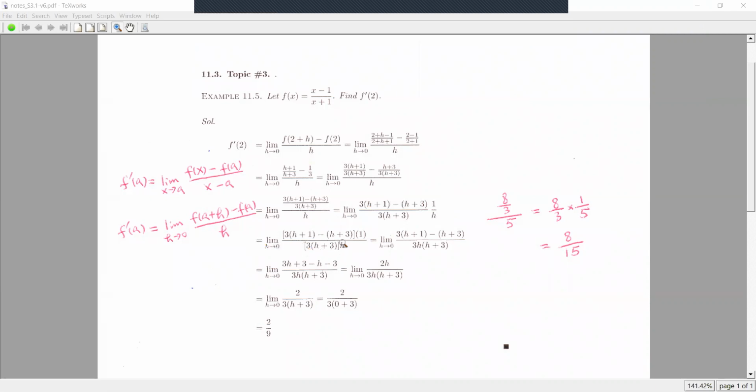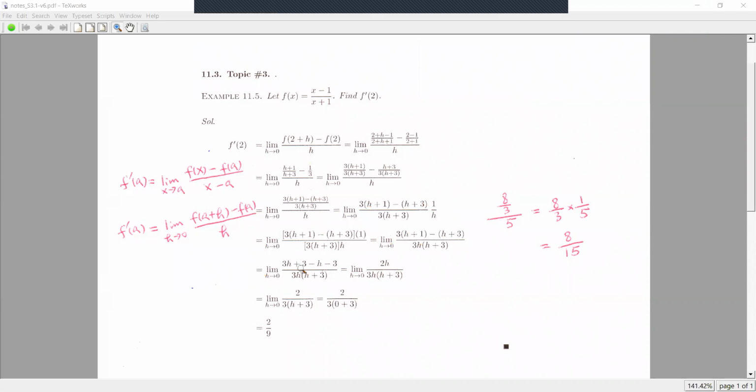Remove the square brackets, then we have this equation. Now, distribute the negative sign here to h and to the number 3. Distribute the number 3 here to h and to 1. Then we have this equation.